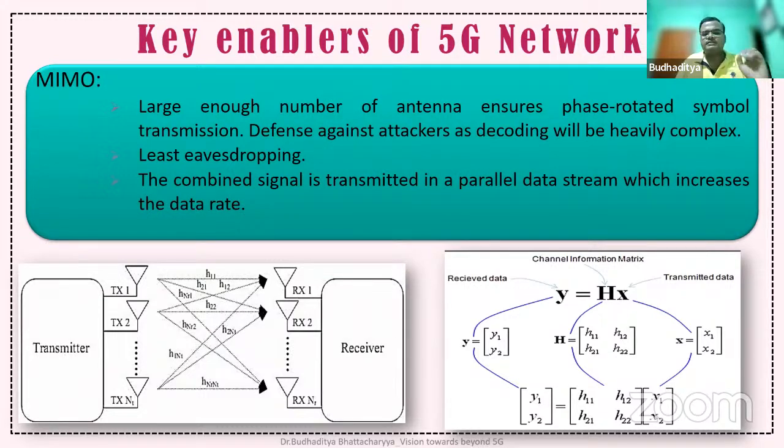This has already been done in MIMO, and people have even gone beyond to massive MIMO. But as it is implemented more, at some point people will realize the shortcomings of MIMO or massive MIMO in terms of security. As of now, it has been a key enabler to the 5G network. When we implement 5G, we require MIMO for sure.